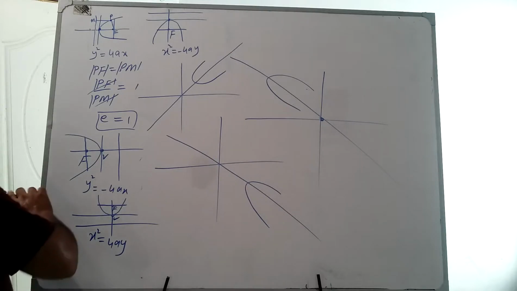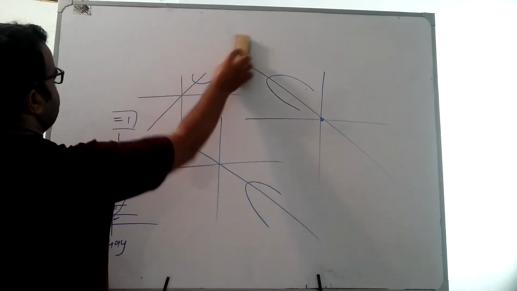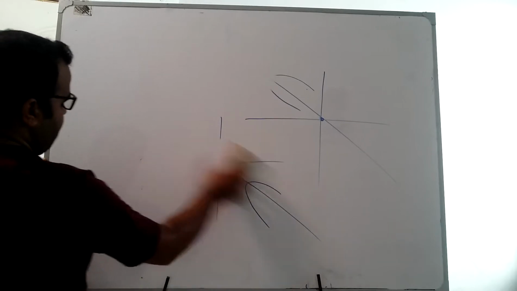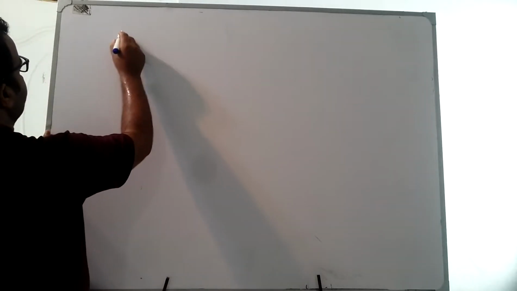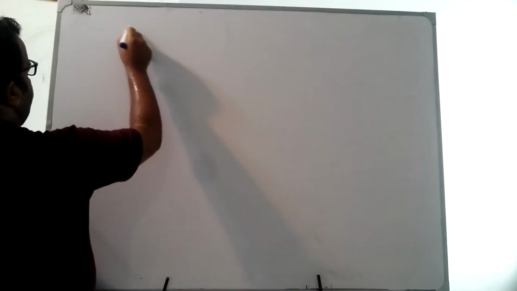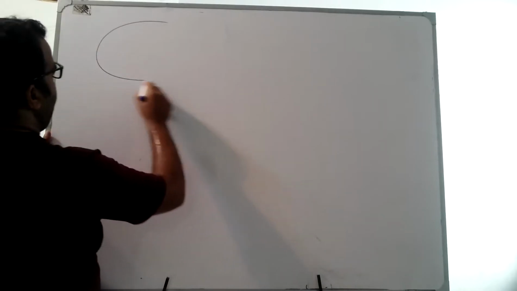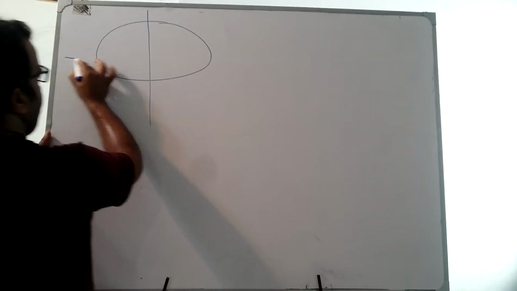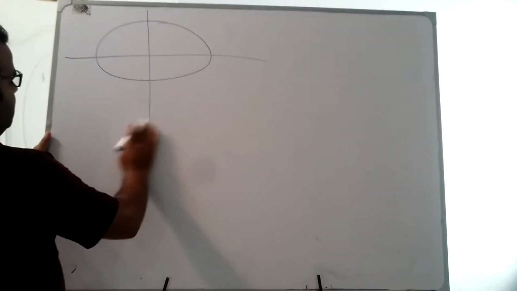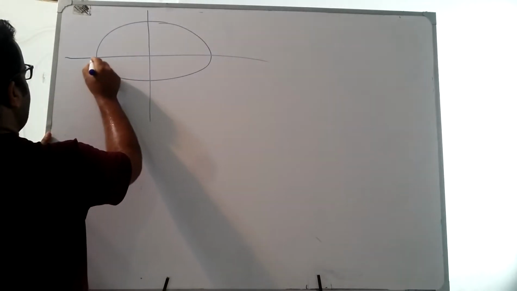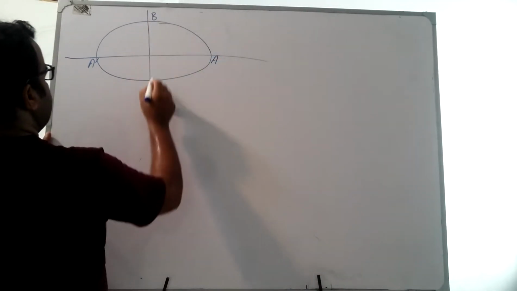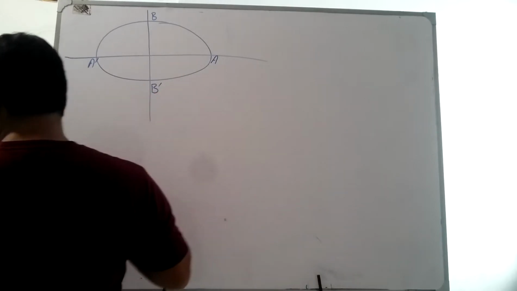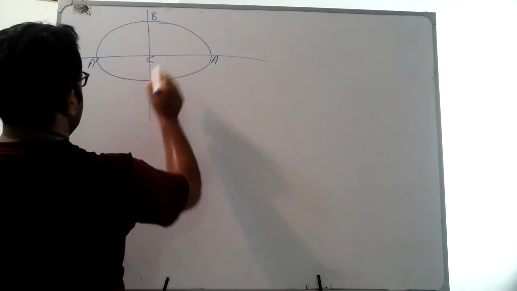Now different figures of ellipse. In case of an ellipse, here A and A dash is the major axis, B and B dash is the minor axis, and C is the center.